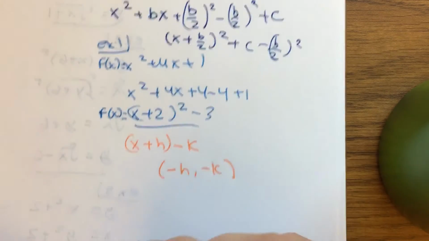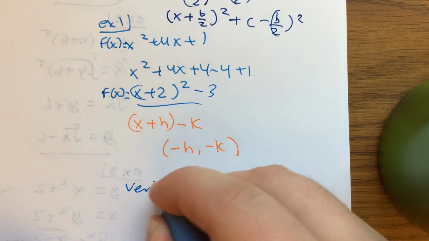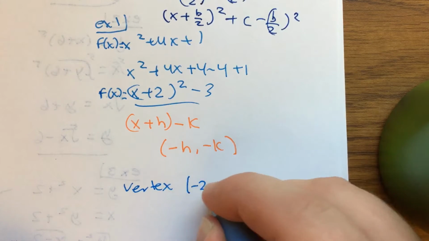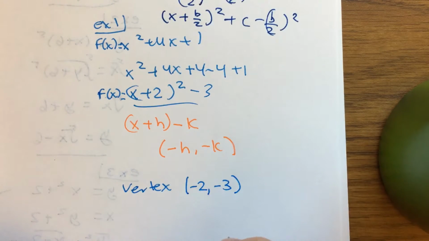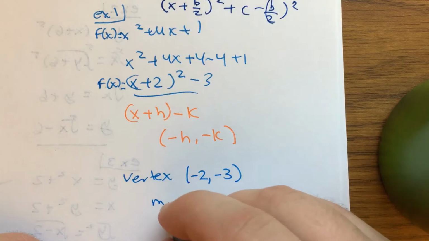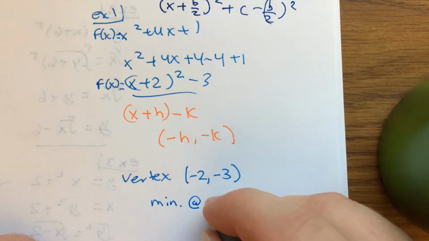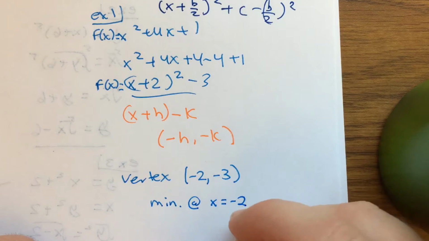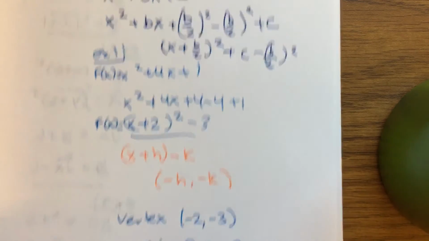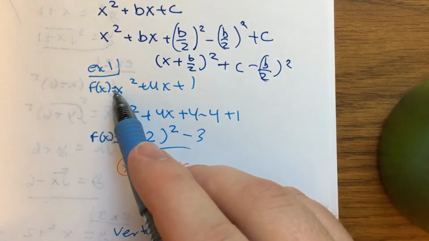So now the vertex for this would be negative 2, negative 3, and there's a min at x is equal to negative 2 of negative 3. Why is this? The leading coefficient is positive.